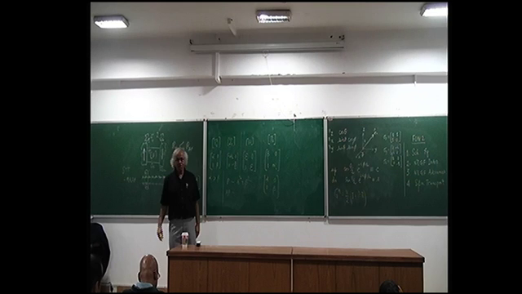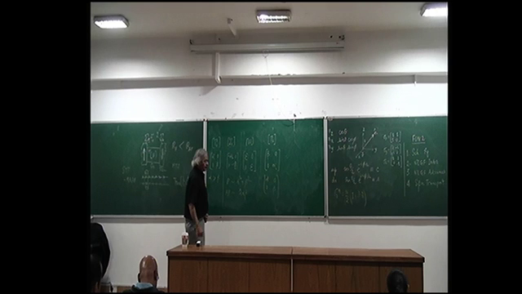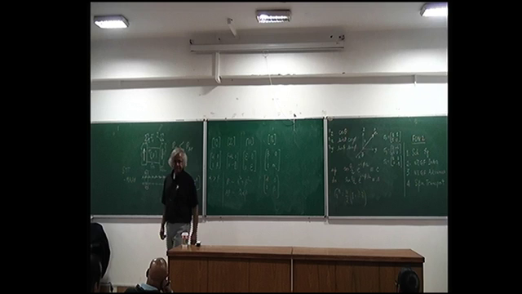And now the point is, what you can show algebraically is that this is always bigger than that. Do you see that? Because if I subtract this from this, you get alpha minus beta whole squared, which is always a positive quantity.